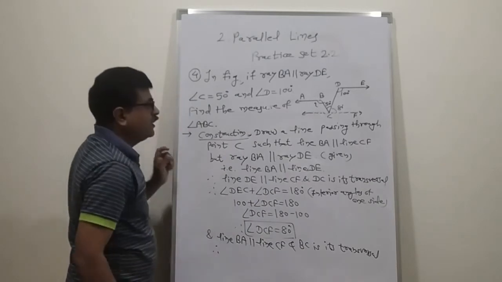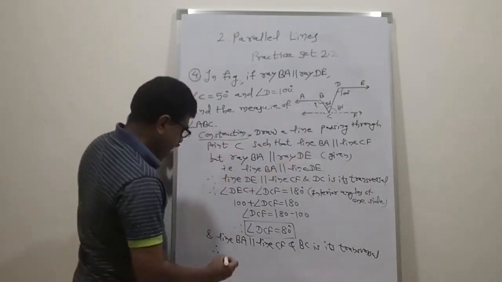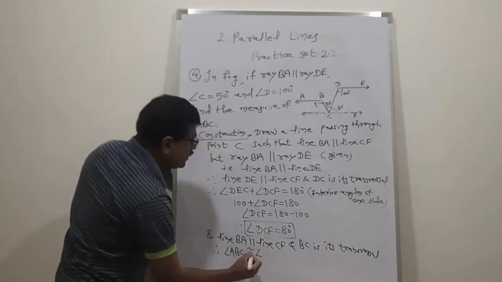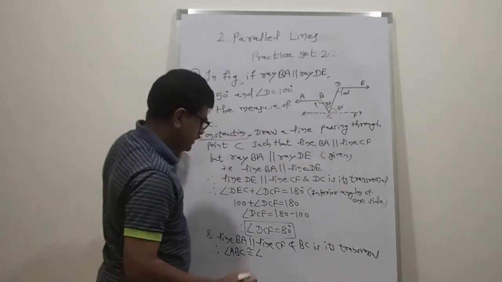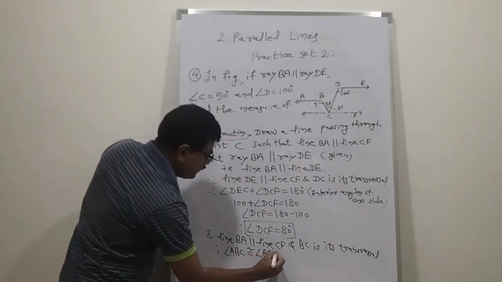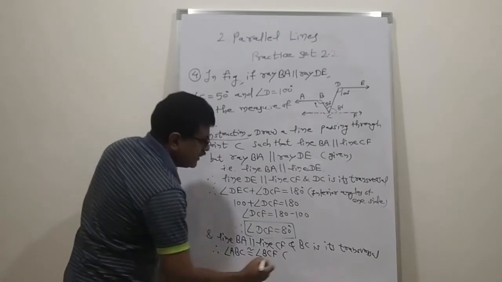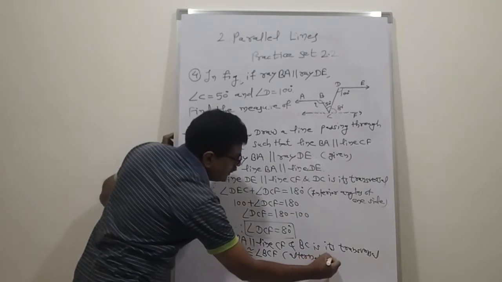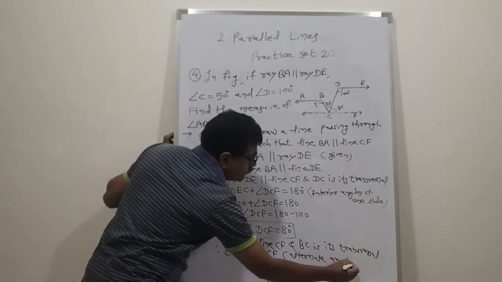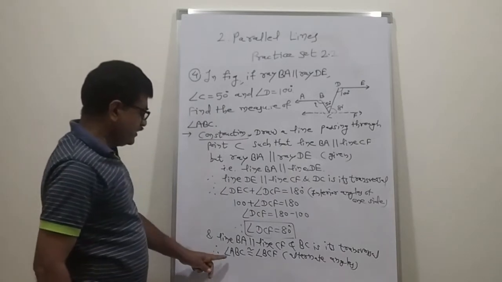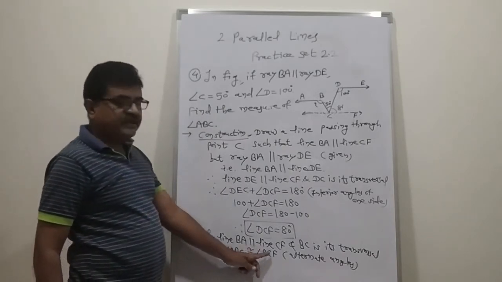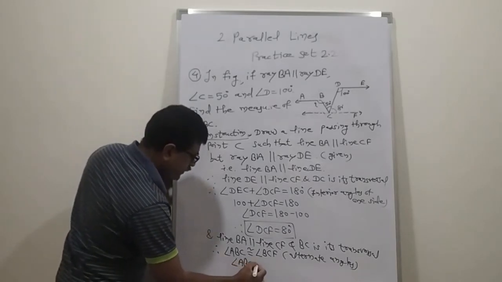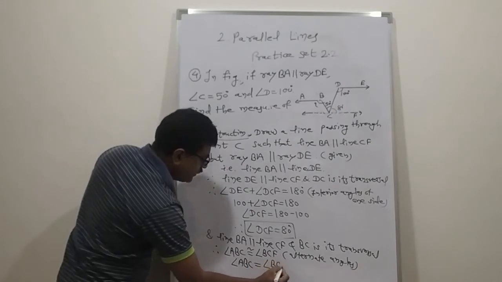Therefore, angle ABC is congruent to angle BCF. Write down in brackets: alternate angles. This can be written as angle ABC is equal to angle BCF.